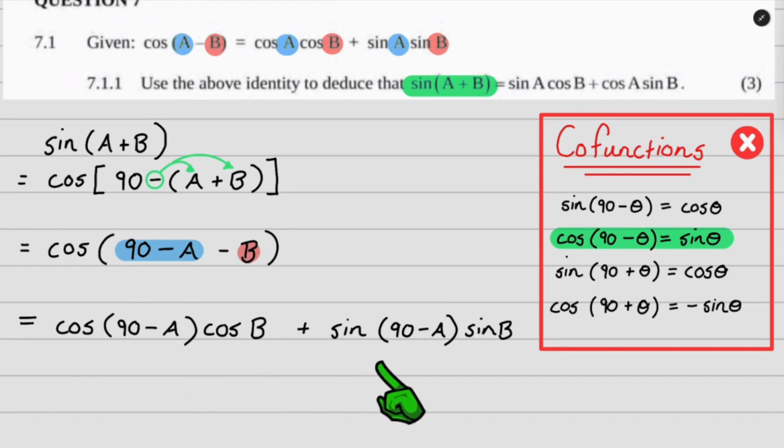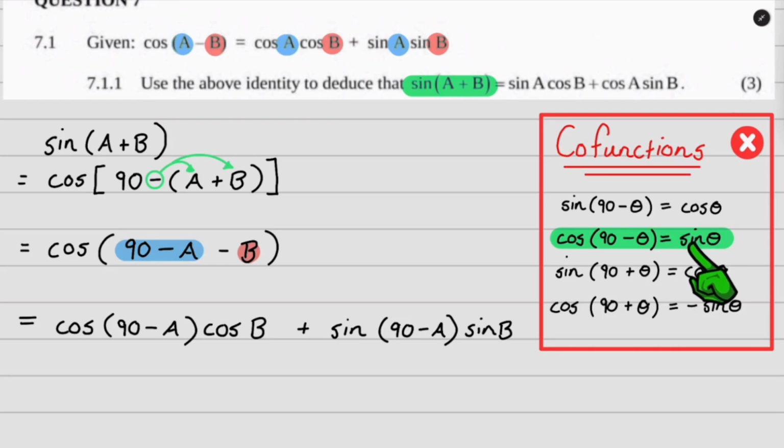And then I've got two little co-functions over there. So I'm going to change these two guys using my co-functions. So this one over here, cos of 90 minus A, is this one over here.